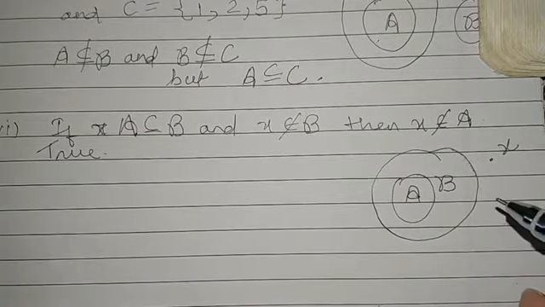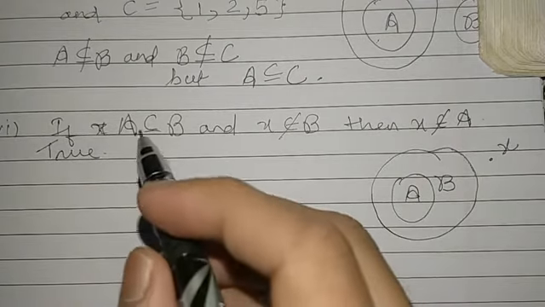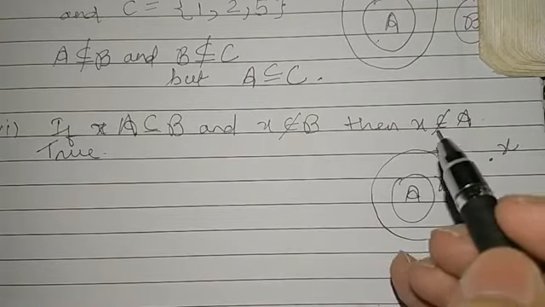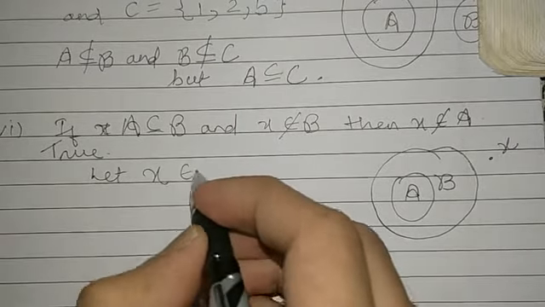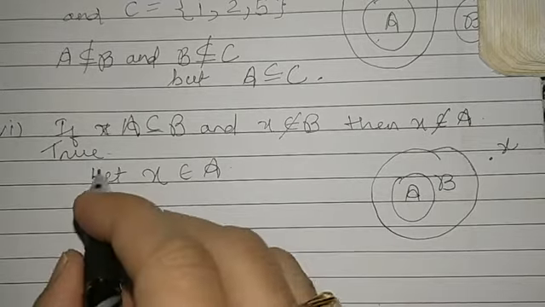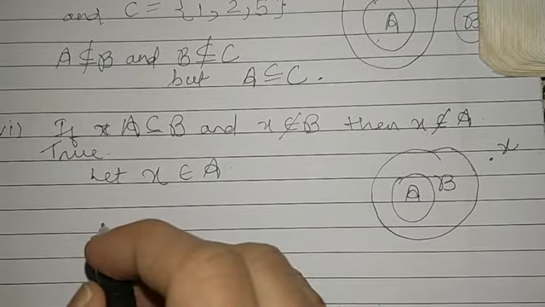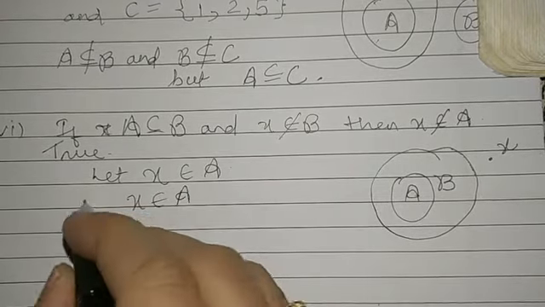So we have seen it by Venn diagram, now we have to prove it. Let x belong to A. Suppose x belongs to A. So what will happen if x belongs to A?